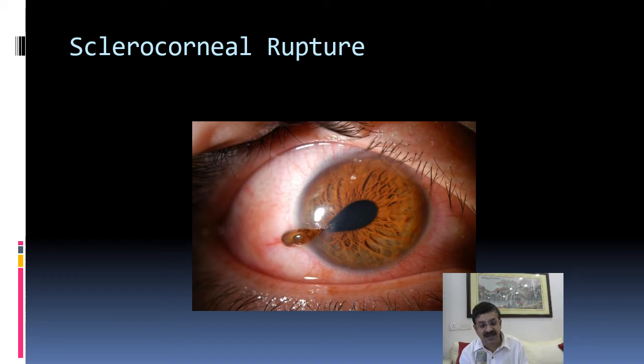But if the eye has been presented to you after, say, 24 hours, it would be best to abscise the iris, cut away the iris which is outside of the wound, and then repose the rest of the tissue inside with a viscoelastic substance, and sew the wound so that you get a watertight cornea.